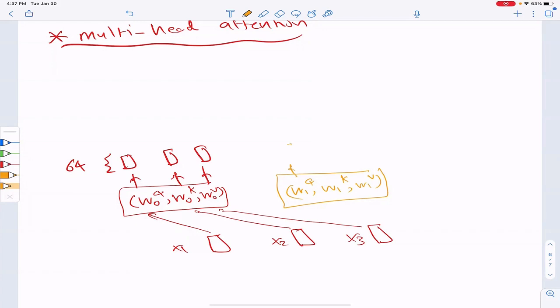And the output will be another set of vectors, again 1 for each token, of length 64, and I'll do it 8 times.